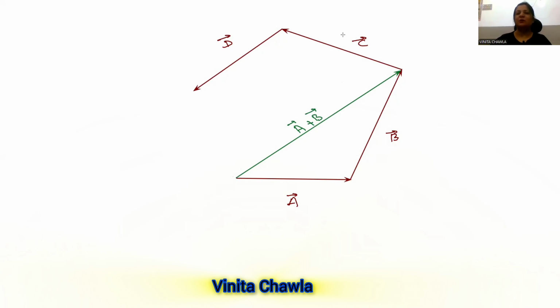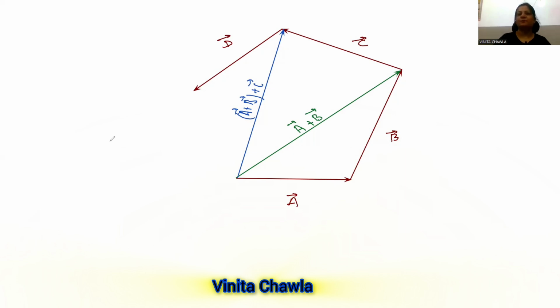Focus on these two vectors. Again, we'll draw another vector, and this represents the resultant vector of A plus B and C. So we can write this vector as vector A plus vector B plus vector C. You can write like this.